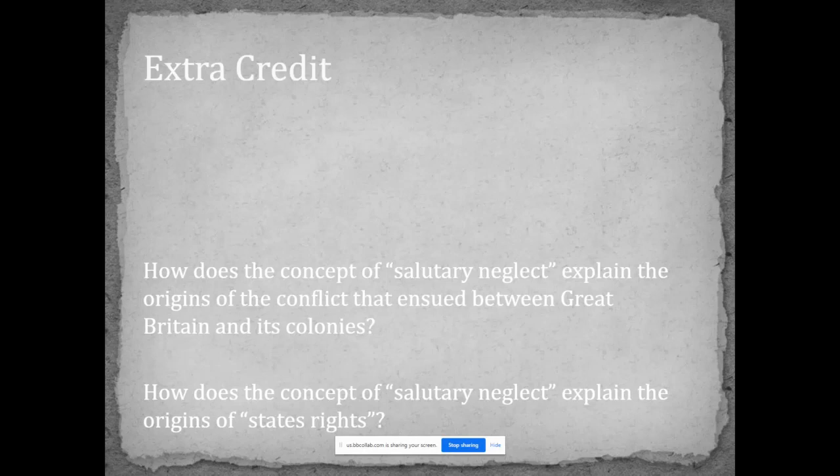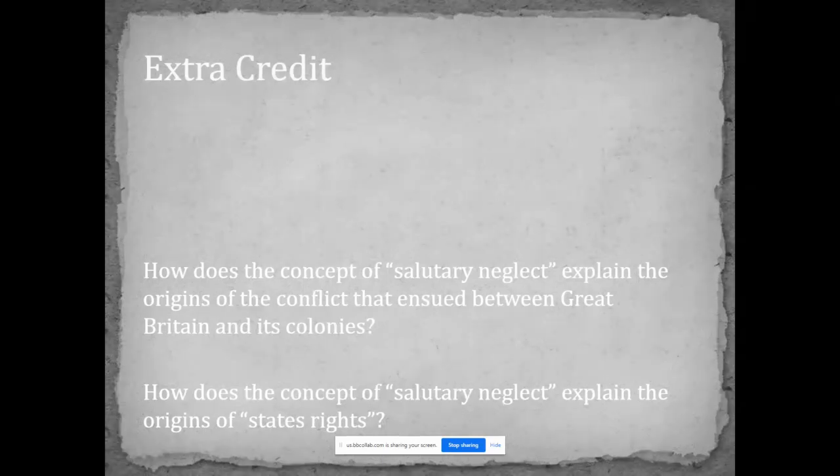There is a certain degree of not necessarily independence from the federal government, but autonomy from the federal government. And you'll see this term invoked, states' rights. And its roots are steeped deep in colonial history, coming from our favorite topic of the day, salutary neglect.